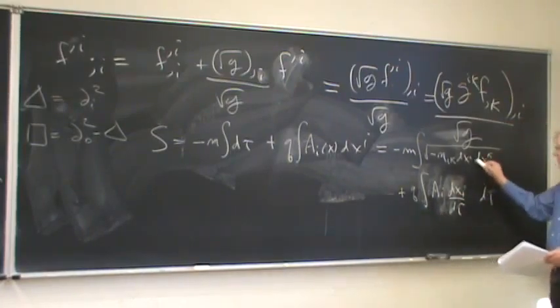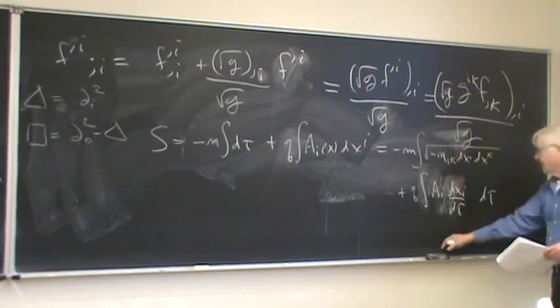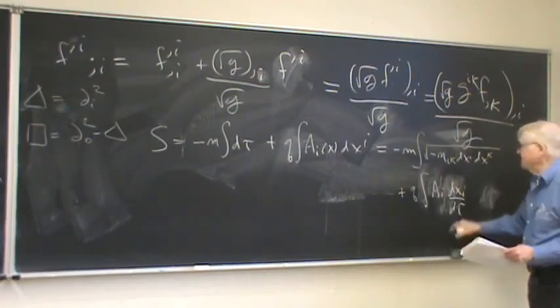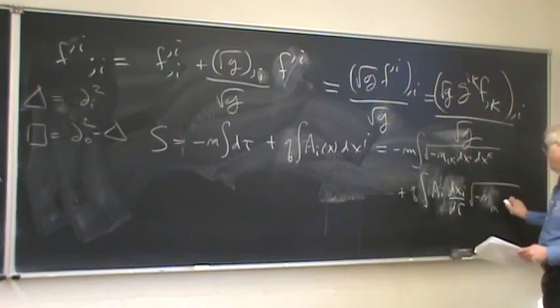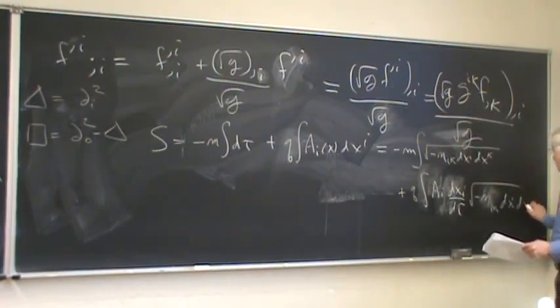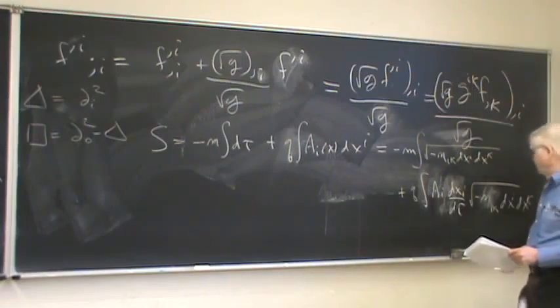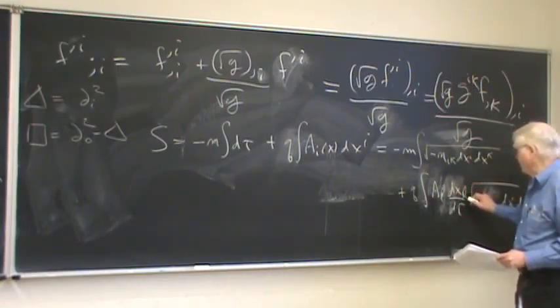So we want everything with a detour in it. And again, detour is going to be this expression, square root minus eta_ik dx^i dx^k. And this had better be an L or something.